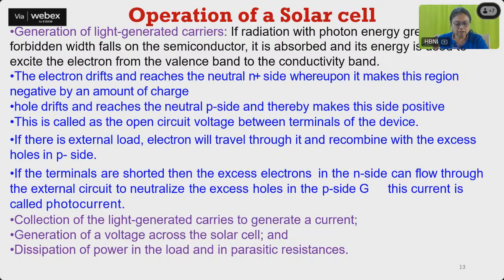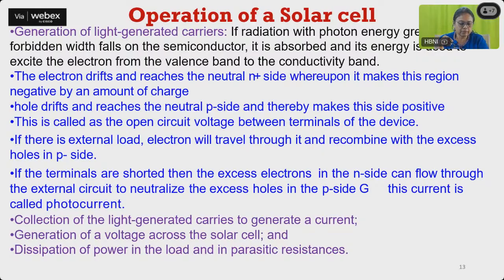If there is an external load, electrons will travel through it and recombine with the excess holes in the p side. If the terminals are shorted, then the excess electrons in the n side can flow through the external circuit to neutralize the excess holes, and this current is called the photocurrent or the short circuit current.